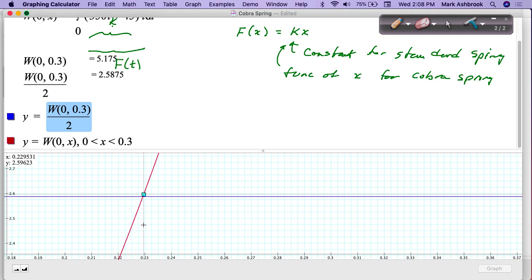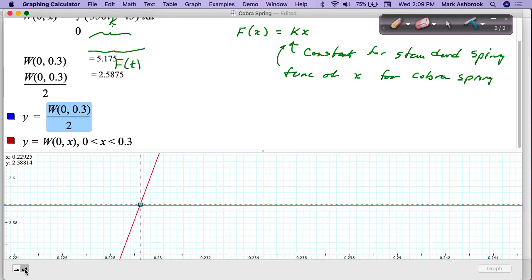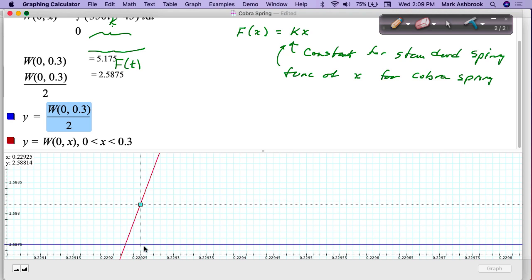So I'm looking for y value of 2.58 with my shaky fingers and my bad eyes. Let's see here if I can get close. 2.5. All right, just zoom way in, so we're really close.